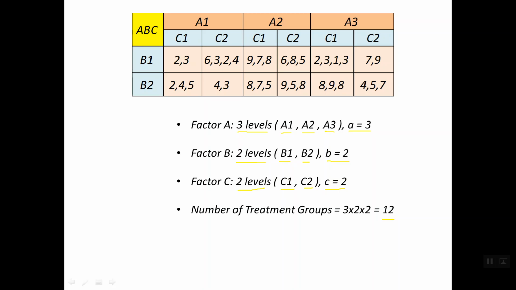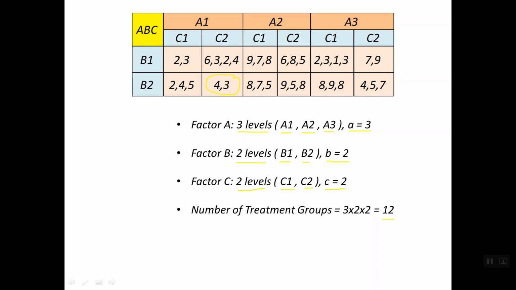For example, in this main table, here we have this group, which represents group A1, B2, C2. We have 2 observations here. The two observations are 4 and 3.